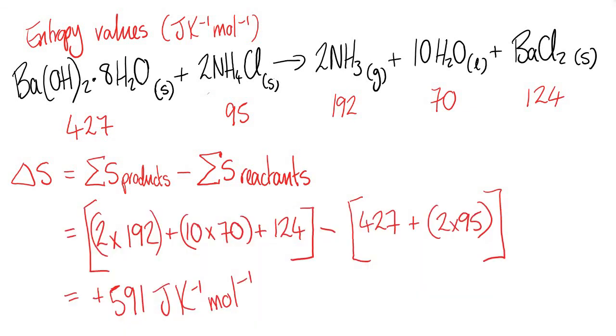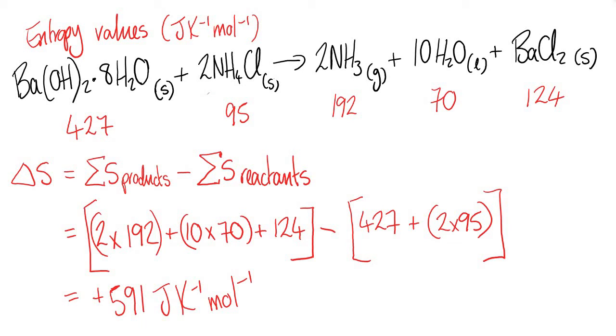And you can see here I've done the calculation. We've got 2 moles of ammonia, so 2 times 192. Really importantly doing this calculation, look at the stoichiometry. 10 moles of water, so 10 times 70. We've only got 1 mole of barium chloride. And then be careful with your calculator.